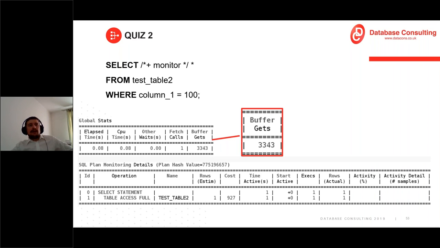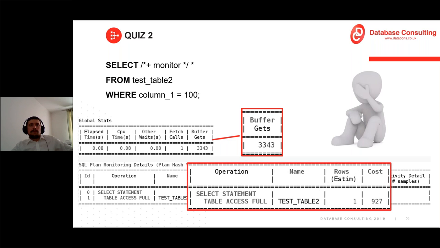So it seems like answer B, I don't think so, is correct. The query does not use the index and does a lot of buffer gets. So what happened here? How can we fix it?